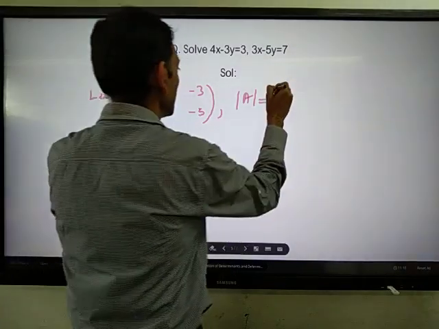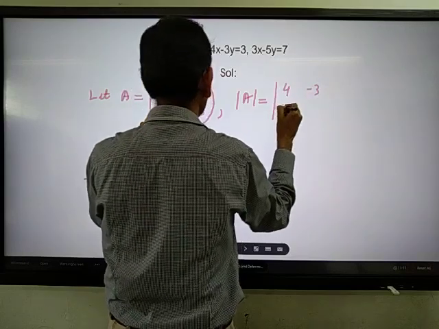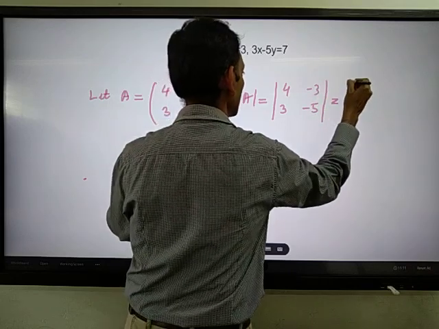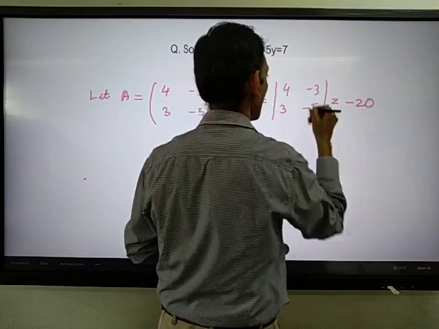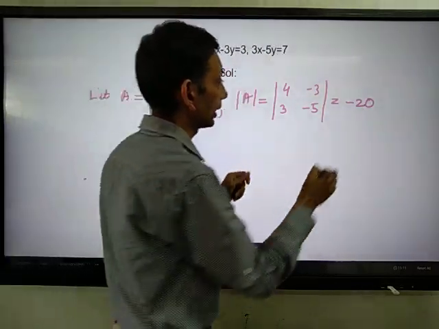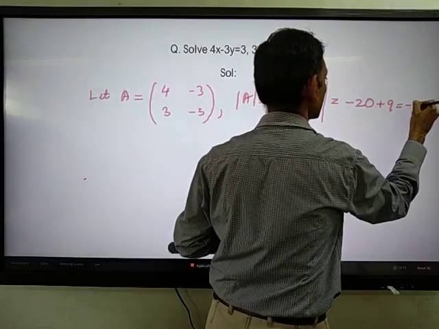If we calculate determinant A, that is 4, minus 3, 3 and minus 5. So 4 into minus 5 is minus 20. Then minus 3 into 3 is minus 9, and there will be one extra minus, so it will be plus 9, equal to minus 11.